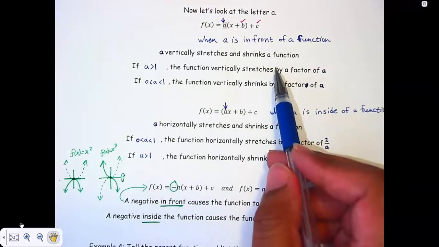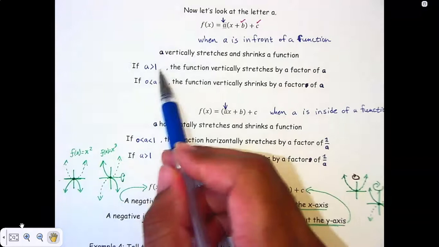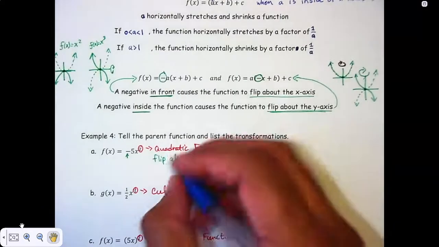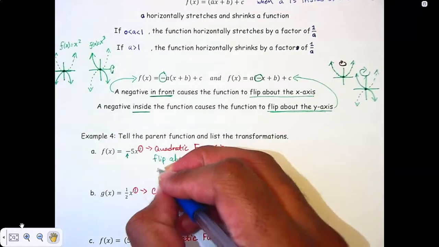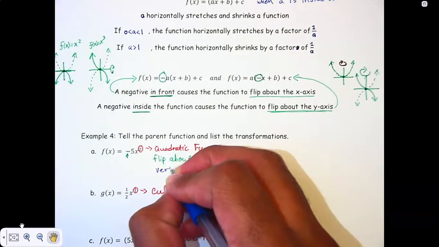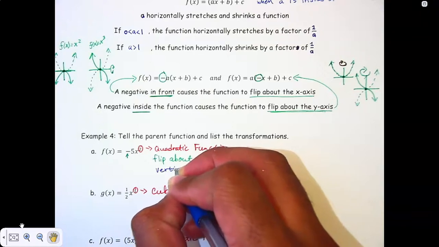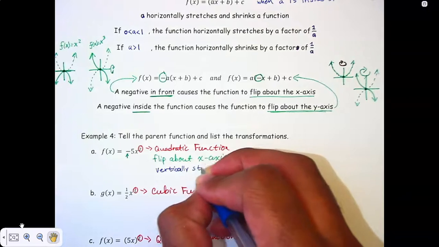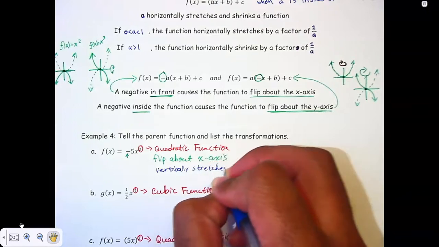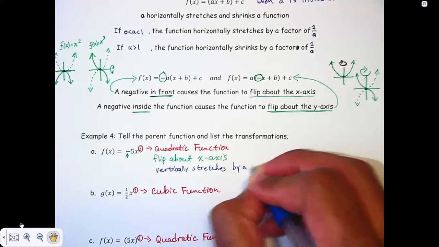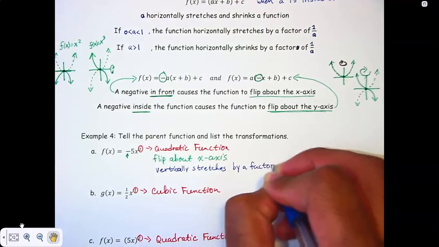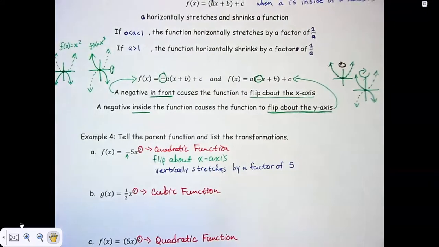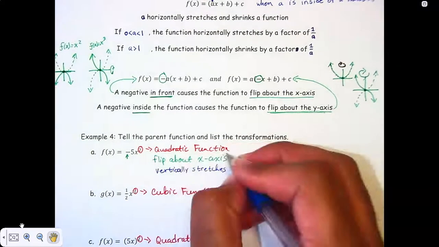And it's 5, so it's greater than 1. So that means we're going to do a vertical stretch by a factor of 5. So it vertically stretches by a factor of 5. Again, because the negative is in front, we flip about the x-axis.